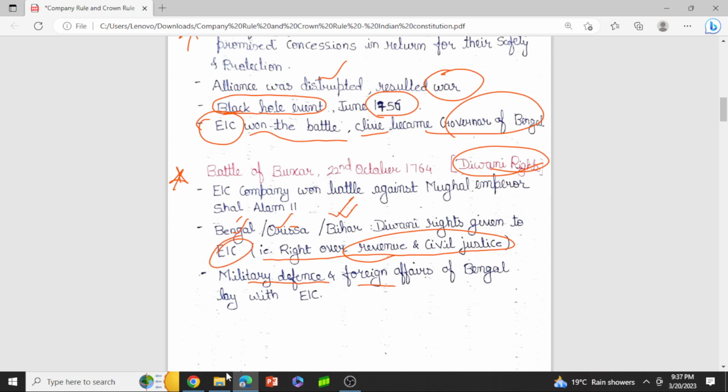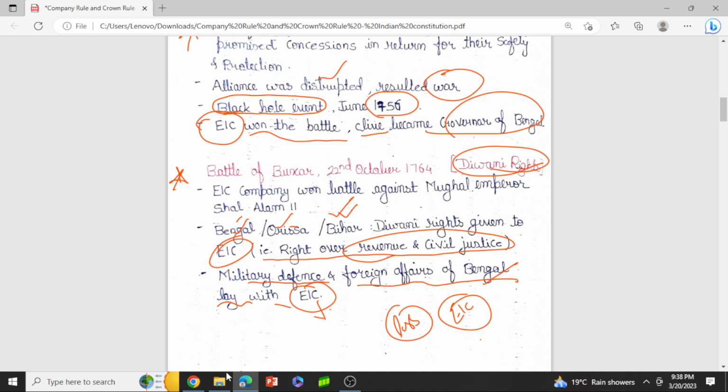Military defense and foreign affairs of Bengal were laid with the East India Company. So now military also and foreign affairs of Bengal were also under the East India Company. But these battles have made a huge loss for East India Company. They were not able to regulate their working. They were facing losses.